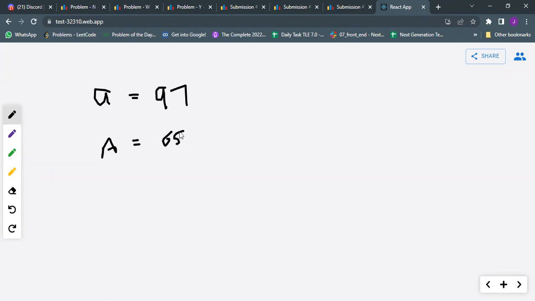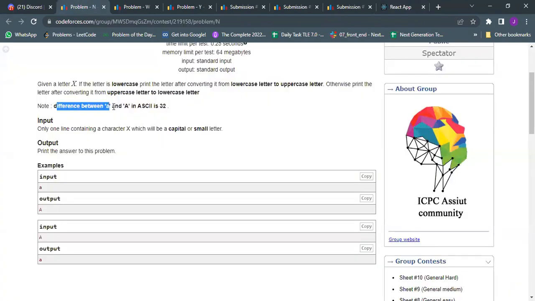Are you aware of that, right? Okay. And the difference between them is basically 32, which is mentioned in the problem, right? The difference between a capital A and small a in ASCII is 32, okay?